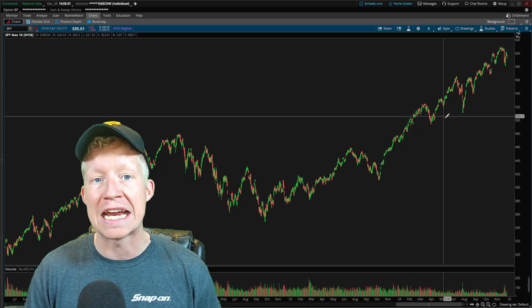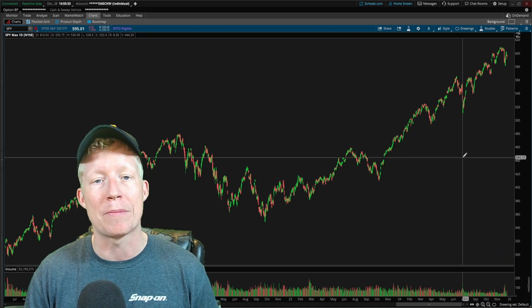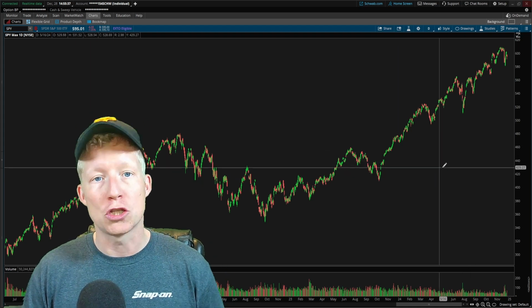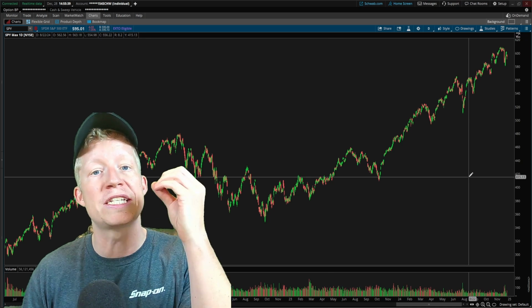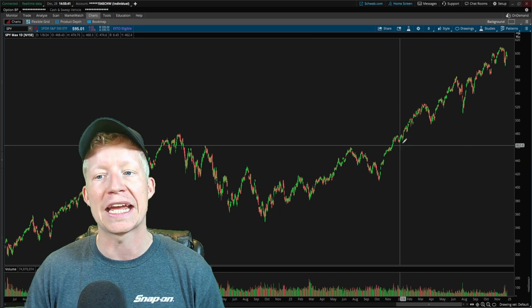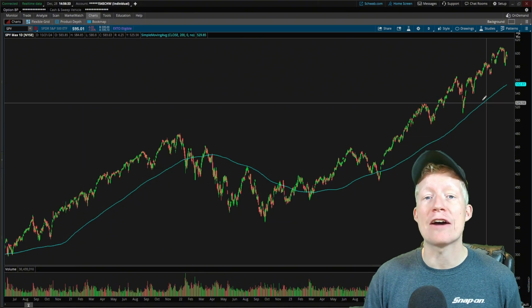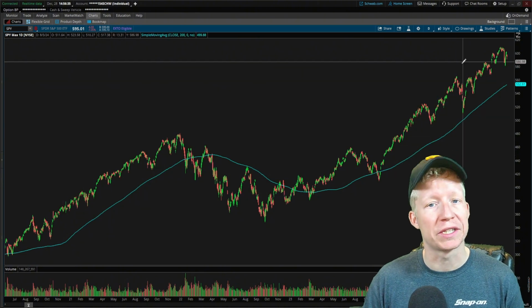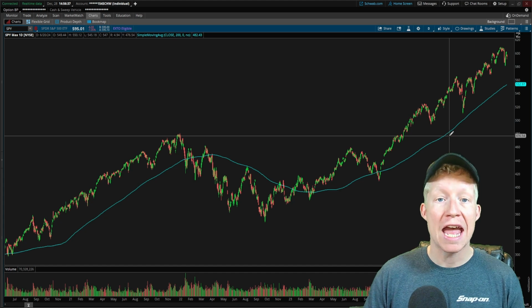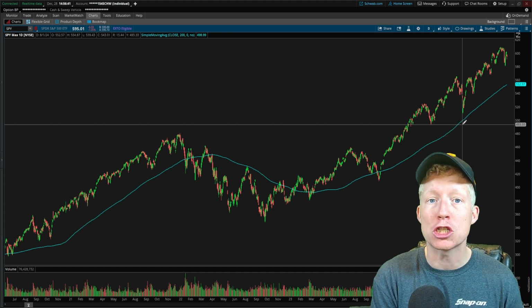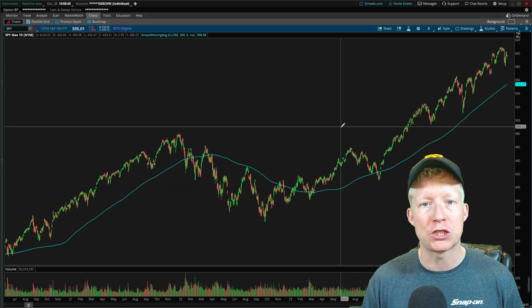So for this idea and for the second we will talk about, there are simple indicators we can utilize to do this so that you will always know whether a stock is bullish or bearish. What I have done here is I have turned on a 200 length simple moving average. What this indicator is doing is giving you the average closing price of the last 200 bars.